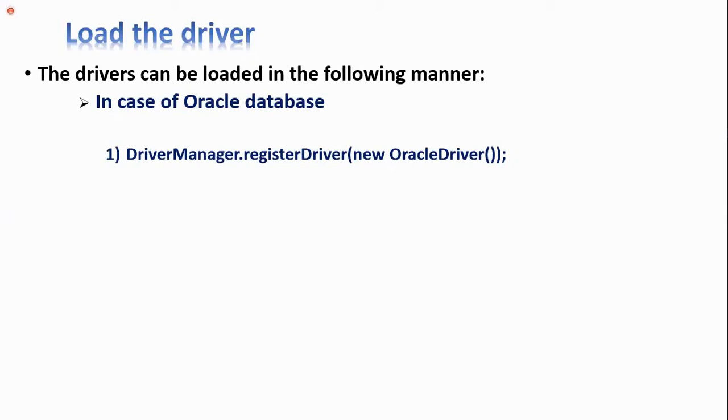This is step number one. The step number two is like this. Directly I am passing the path where my Oracle is present. I will tell Class.forName oracle.jdbc.driver.OracleDriver, which will automatically create one instance and load it onto your driver manager.